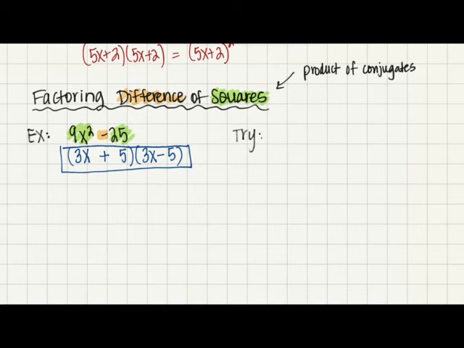So we're doing our difference of squares rule backwards to factor. Okay, you try this one, 81y squared minus 100. And the answer is 9y plus 10 times 9y minus 10.